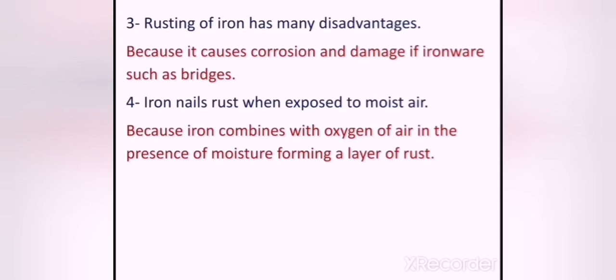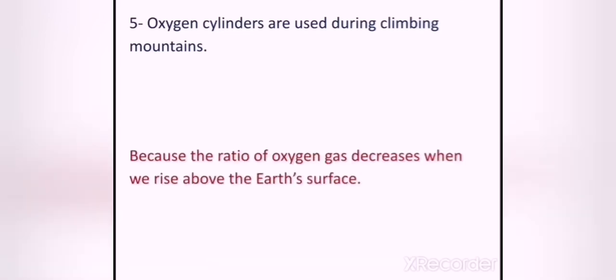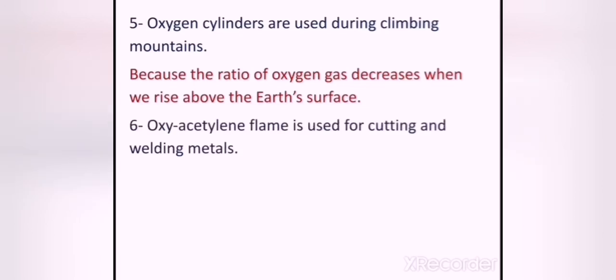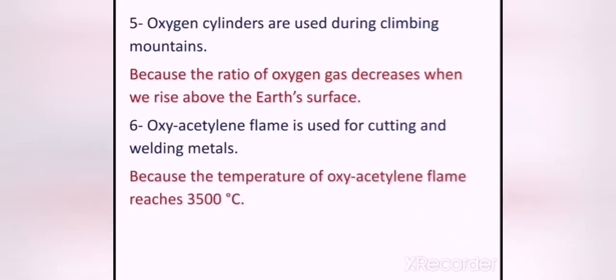Number 5, the oxygen cylinders are used during climbing mountains because the ratio of the oxygen decreases when we rise above the Earth's surface. Number 6, the oxyacetylene flame is used in cutting and welding metals because the temperature of oxyacetylene flame reaches 3500 Celsius degrees.